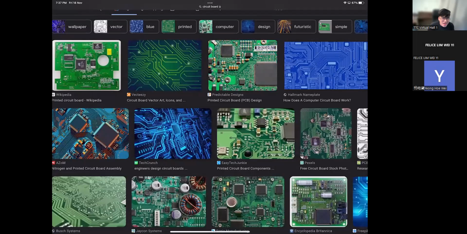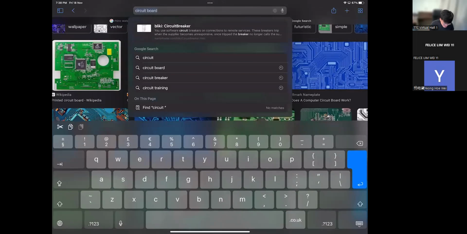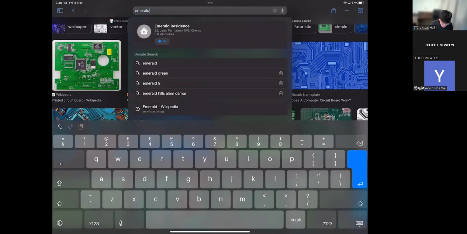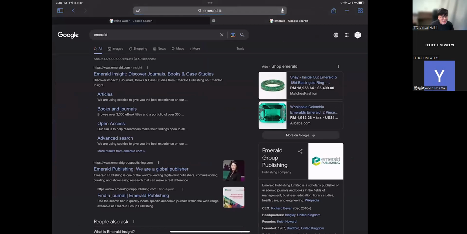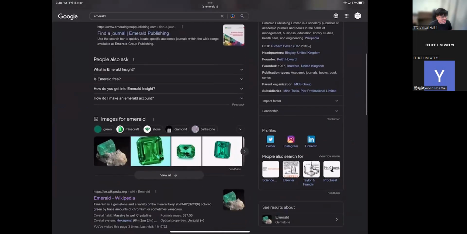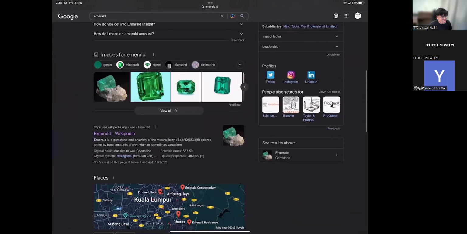For example, did you all play Minecraft? You know emerald, 就是这样子啦. Emerald is metal plus non-metal. It's a gemstone, 它是宝石. You see this in Minecraft, right?